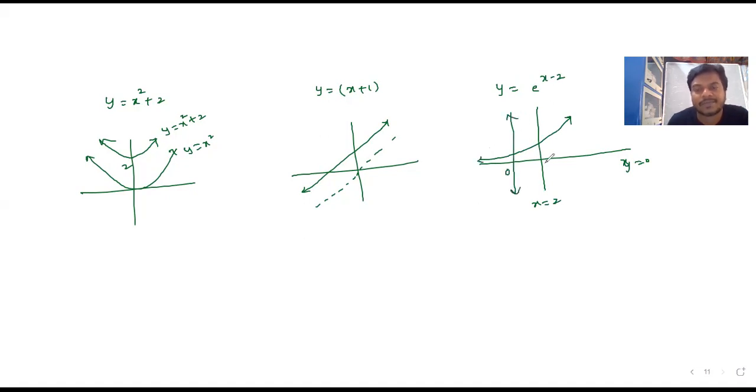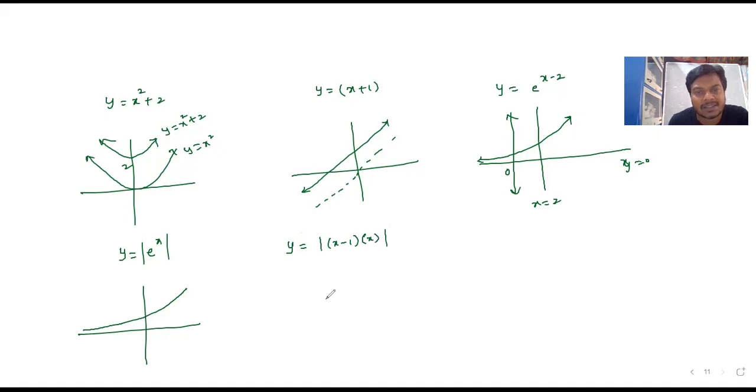This is 0. Okay. Next, suppose you have the graph of y equal to mod e power x. First draw the graph of e power x. E power x has no negative portion, so as it is, this one. Suppose y equal to modulus of x into x minus 1.